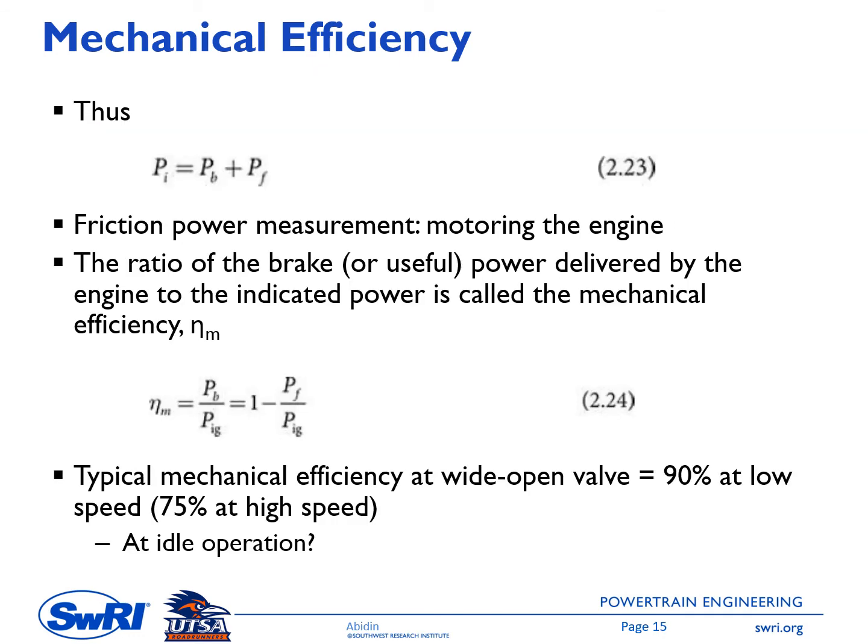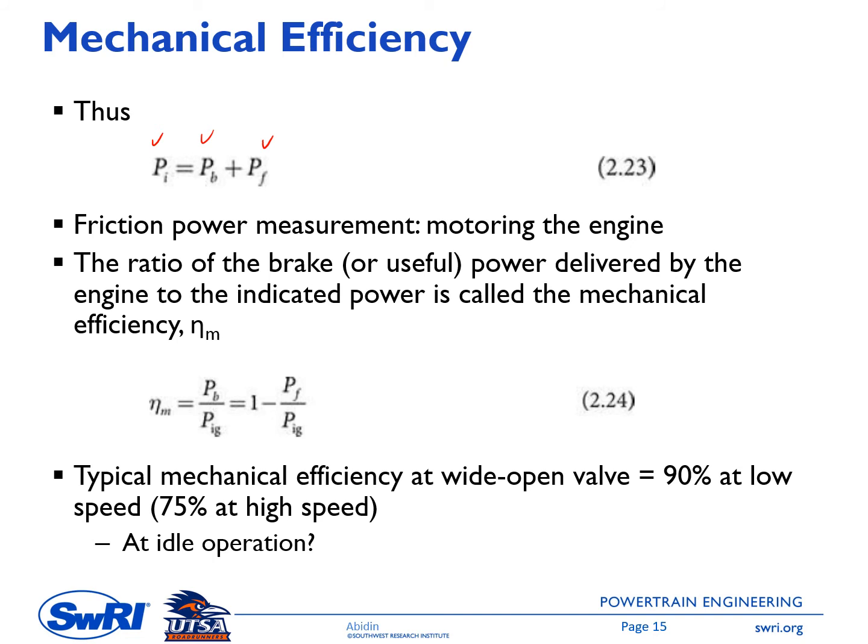In this case, the indicated power is the sum of the brake power, the power output by the engine, which is the available power of the engine for doing something else, for example to be coupled with a dynamometer and measured, or coupled for different purposes. And this one is the friction power, once again including the pumping power.